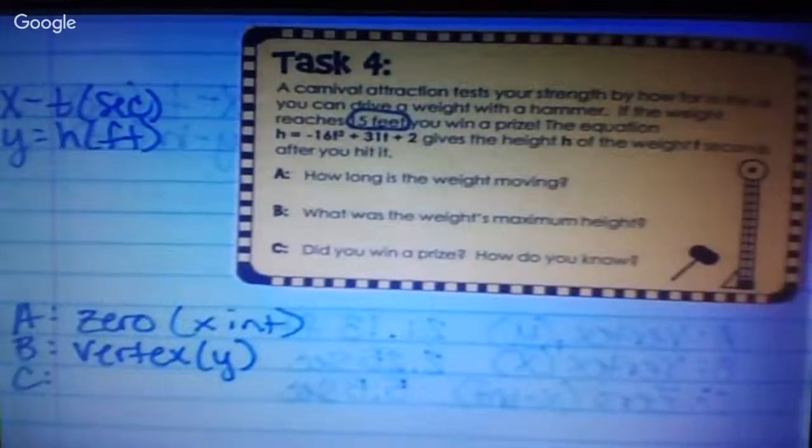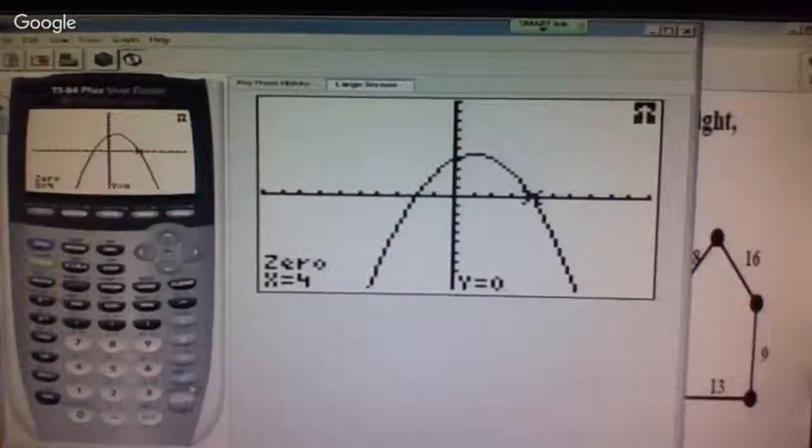So plug this in. Find out when it hits the ground, how long it took to go up, hit the bell, and come back down and hit the ground. And then find out how high it went. Can you make sure I did this correctly?